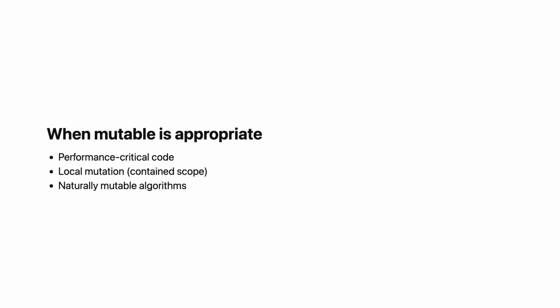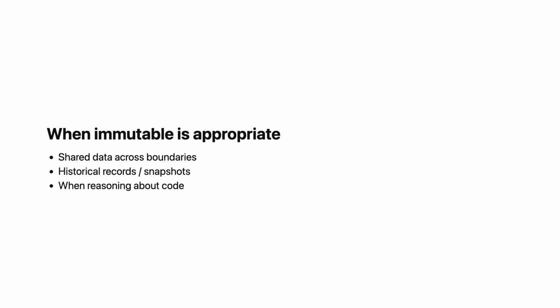Nobody else can see the mutations. Some algorithms are naturally expressed with mutation. In-place sorting. Graph algorithms that update visited nodes. Fighting against the natural expression adds complexity. The key is scope. If mutable data stays local, under your control, mutation is manageable. If mutable data is shared widely, problems multiply.